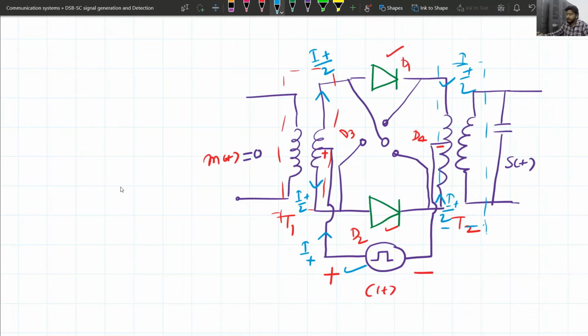In this case, since m(t) we are taking as 0, the EMF that will be generated across the transformer will be equal and opposite.